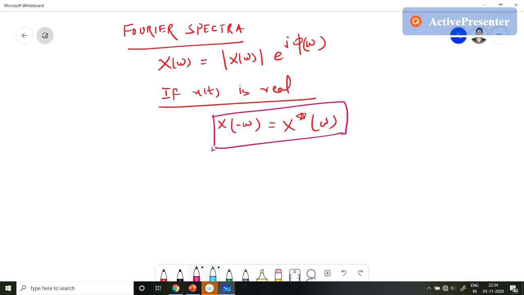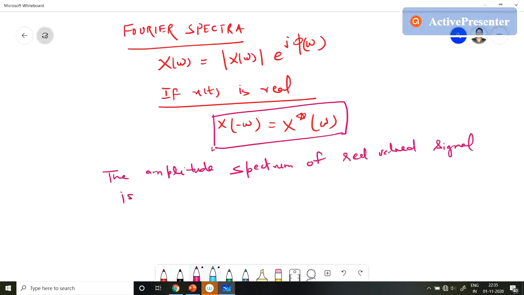So we can make the following statement for a real valued signal: please understand, the amplitude spectrum of a real valued signal is an even function of omega.